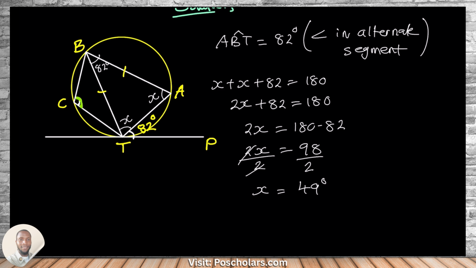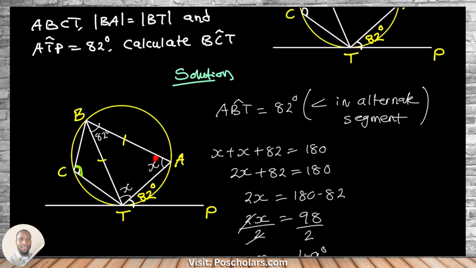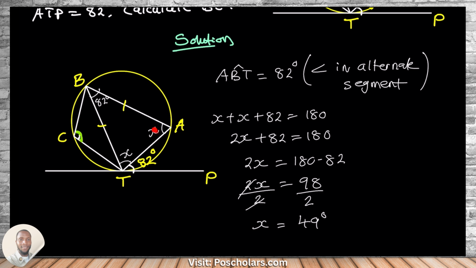But we are not done. We have only gotten the value of x. The question asks us to find BCT, this angle. Since x has been gotten to be 49 degrees, let me replace it with 49. 49 degrees and also 49 degrees.